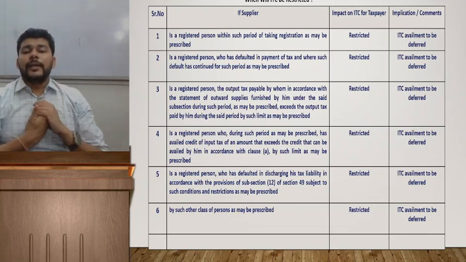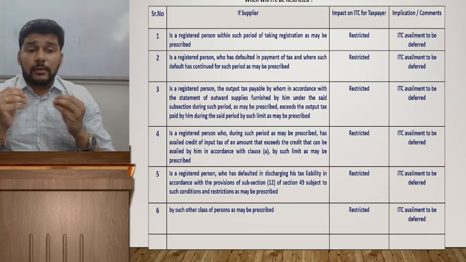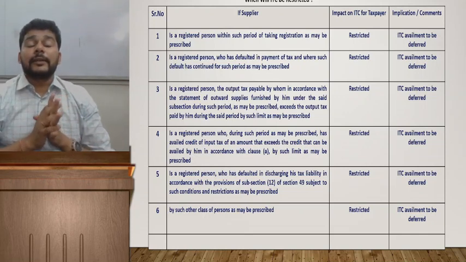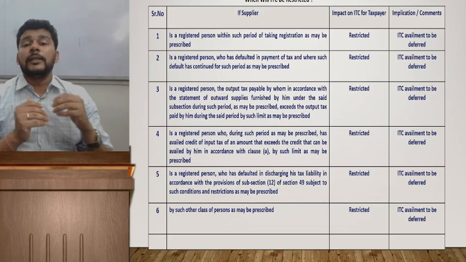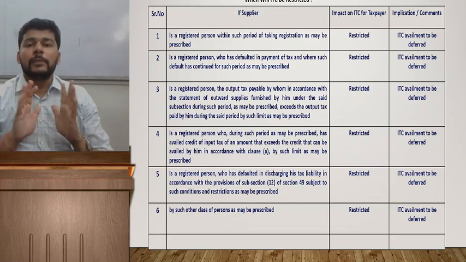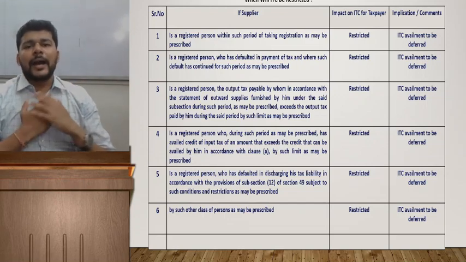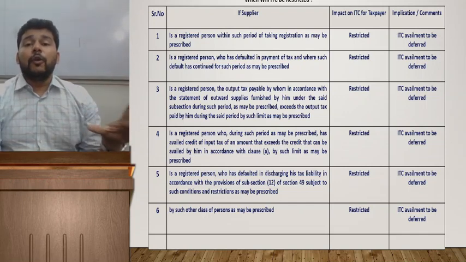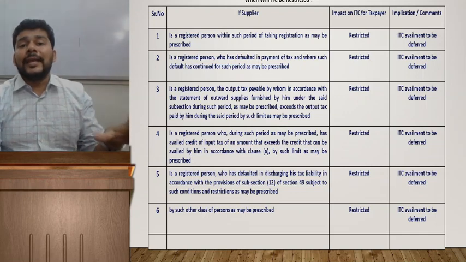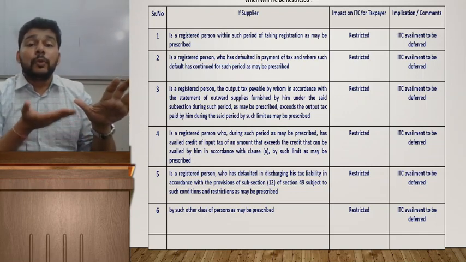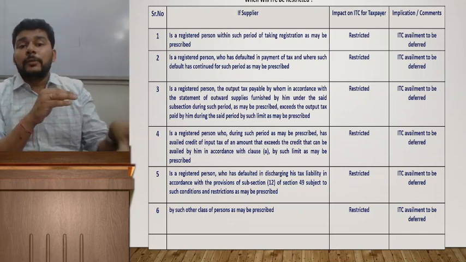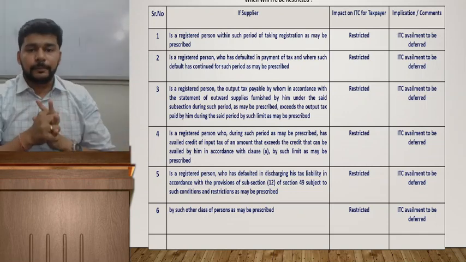The next possibility is a person who, for a particular period, has availed input tax credit in excess of the amount appearing in his GSTR-2B. I'll give you a simple example. I am a taxpayer. I have a vendor, Mr. A. Now, Mr. A is a defaulter in that Mr. A has been availing input tax credit which is higher than the input tax credit he is eligible to avail for a particular tax period.